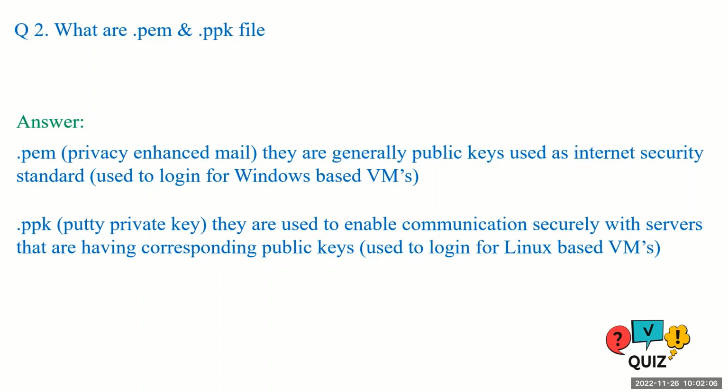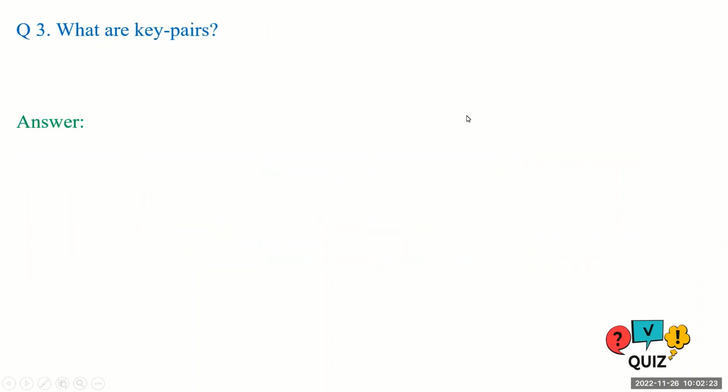So PPK, Putty Private Key, they are used to enable communication securely with servers that are having corresponding public keys, used to log in for Linux-based virtual machines. That's good. We'll move on to the next one.